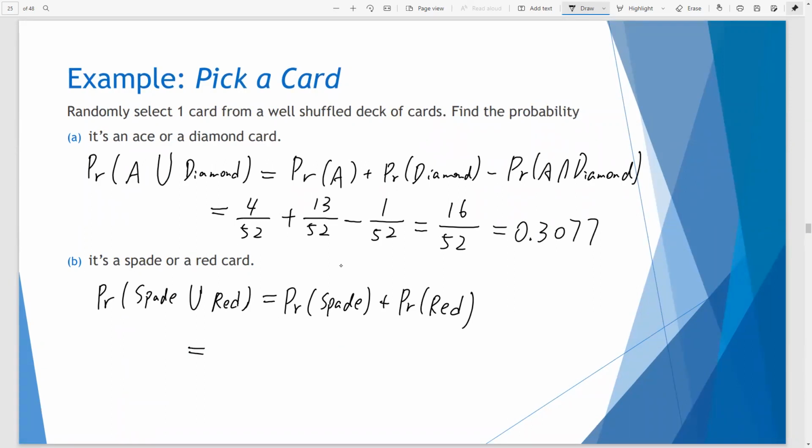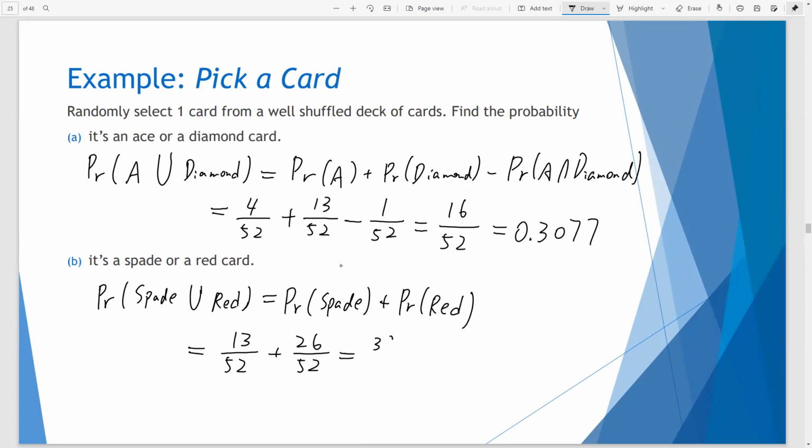So what we have is just the sum, right? One suit is spade, two suits are red, to get three suits possibly out of four suits. That's 13 spades and 26 red cards.